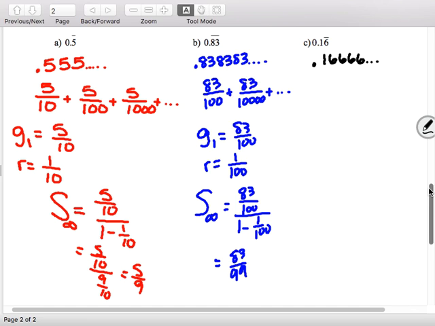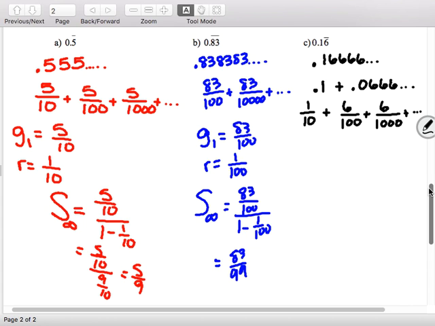So the thing is, what you want to do is this is 0.1 plus, and then I've got the 6's that are repeating, okay? So what I did is I said, all right, that's 1/10 plus 6 over 100 plus 6 over 1,000, and so on.